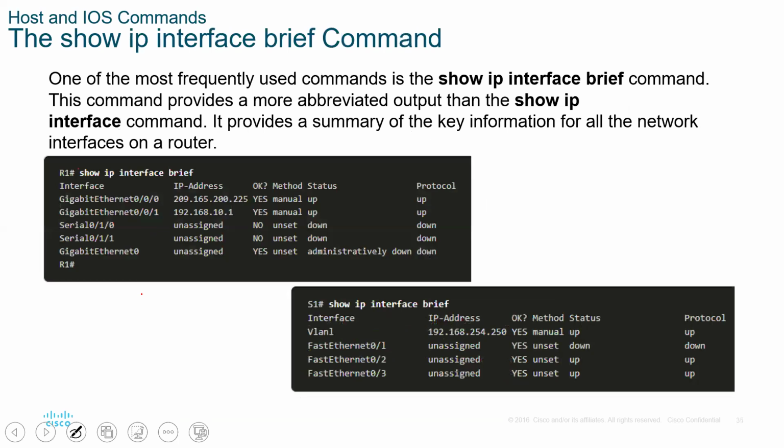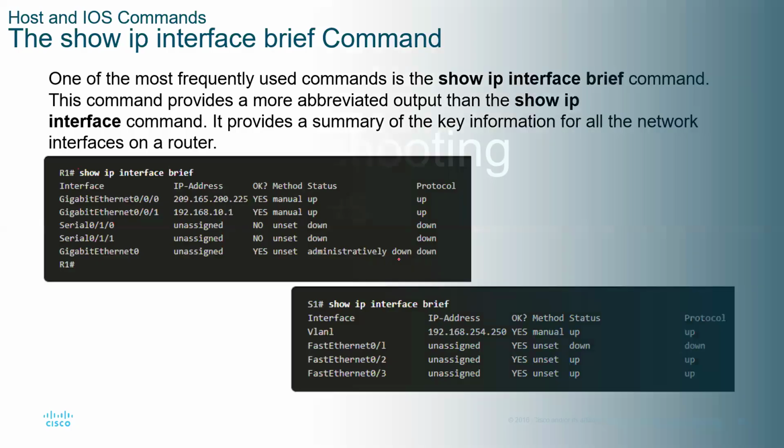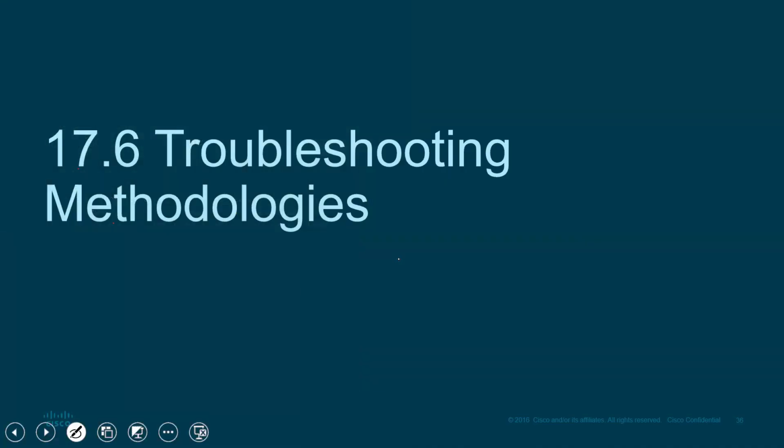Another interesting command is show ip interface brief. It's a very frequently used command, especially to show the status of your interface, whether it is up or down, and to know the protocol status, whether it's up or down. So that one is there.